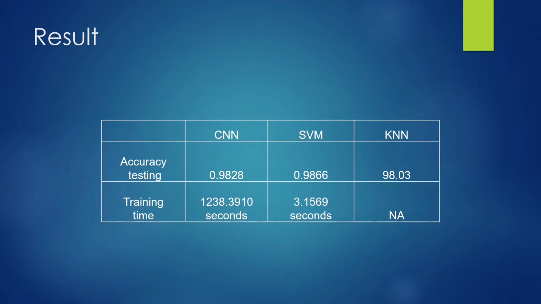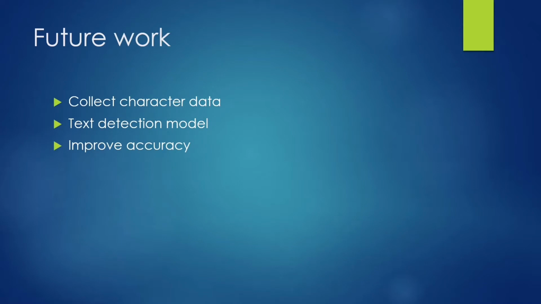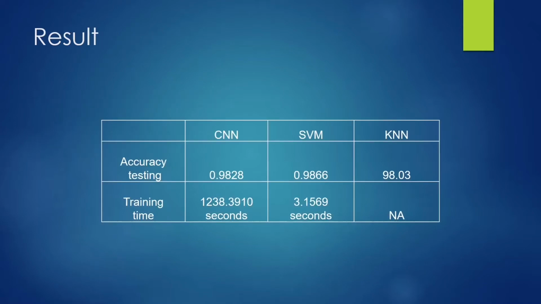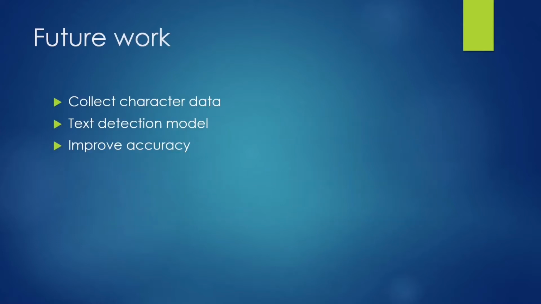And the CNN takes about 20 minutes to train the model, and the SVM is much quicker with 3 seconds. And this is the result of my project about the 3 types of models.